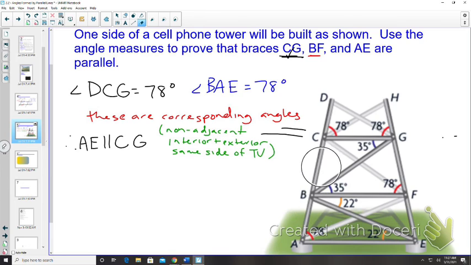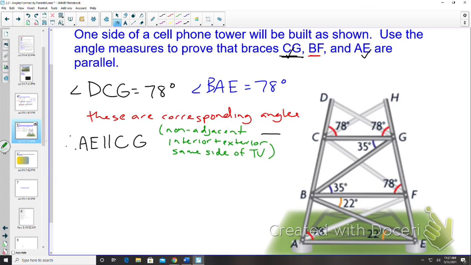And what are we concerned about right now? That they're not the same angle. So they're not parallel. Well, we're trying to prove that, so we've said that CG and AE are parallel, right?